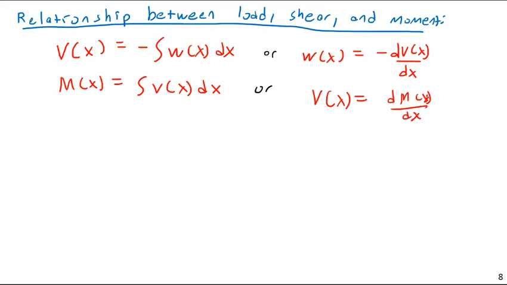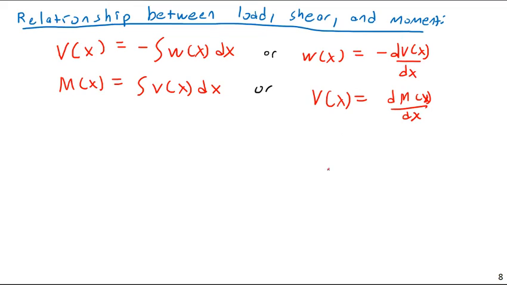In other words, moment is the integral of shear, and shear is the integral of load. Or you can think of the distributed load w as the derivative of shear, and the shear as the derivative of moment.